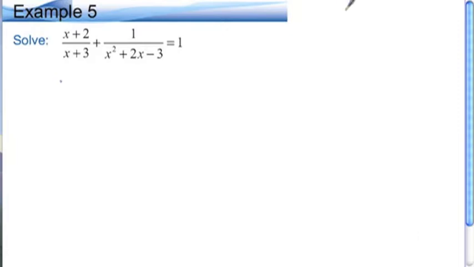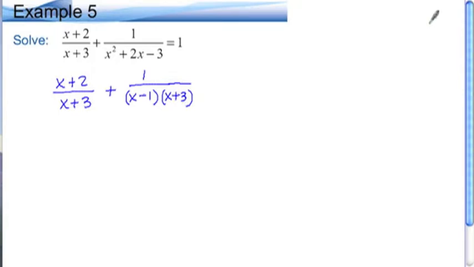So we have x plus 2 and x plus 3 down here, and that can't be factored, plus 1 over, and x squared plus 2x minus 3 will factor into two binomials, x and x, 1 and 3, with one having a plus and one having a minus. This one has to be plus, and this one must be minus, and that needs to equal 1.